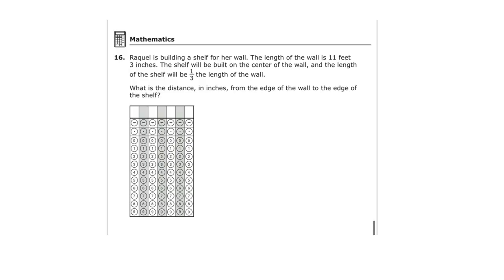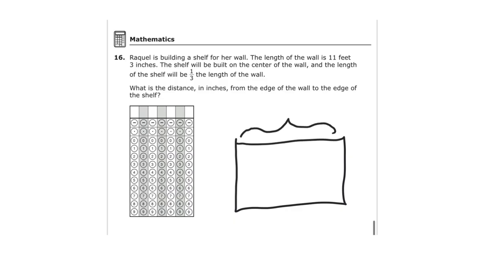Well, I think that a picture would be good. Let's imagine that this right here is the wall, okay? And we know that it's 11 feet 3 inches. So I'll write 11. I think it's just one of these, right? 3 inches.